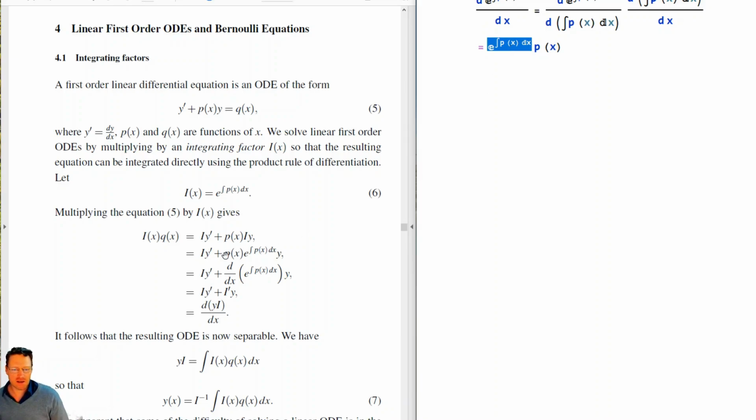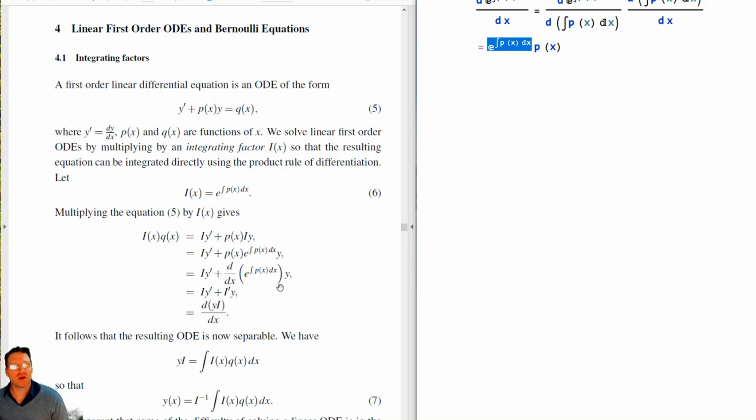So we can replace p of x times e to the integral of p of x dx with the derivative of e to the integral of p of x dx.